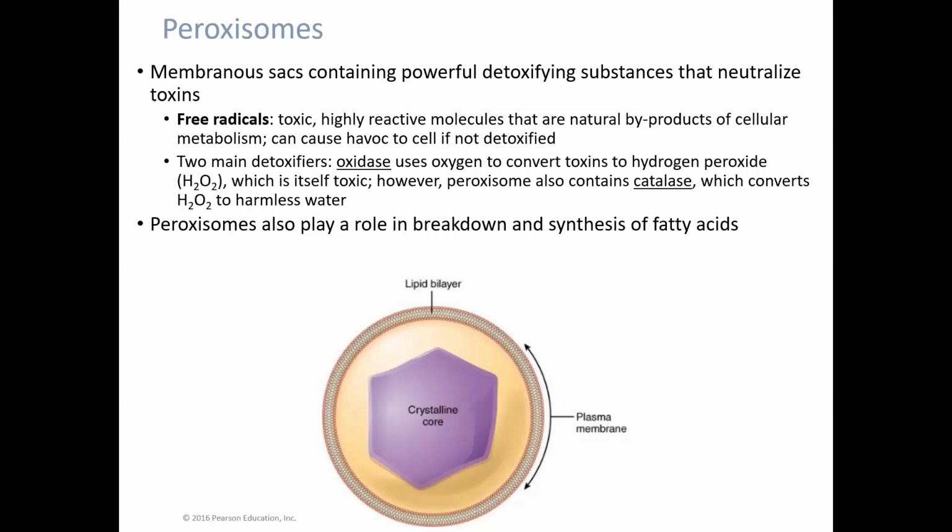So to destroy these free radicals, our peroxisomes use an enzyme known as oxidase. It uses oxygen, and it breaks down all these free radicals into hydrogen peroxide. But it's not the hydrogen peroxide we're used to that we buy at the store. This is very toxic hydrogen peroxide, a much higher concentration than what we get at the store.